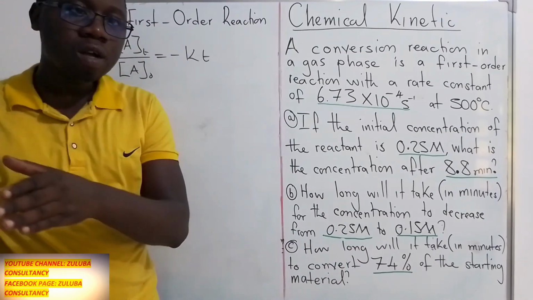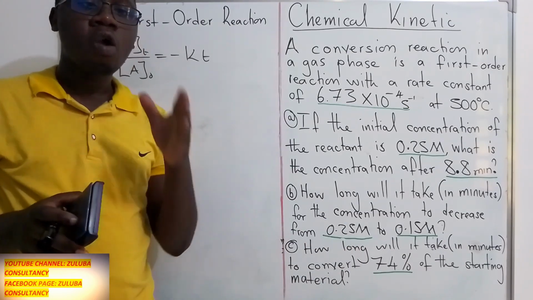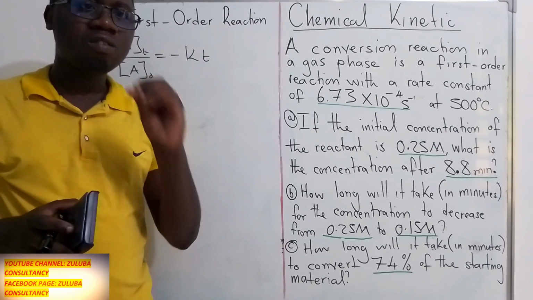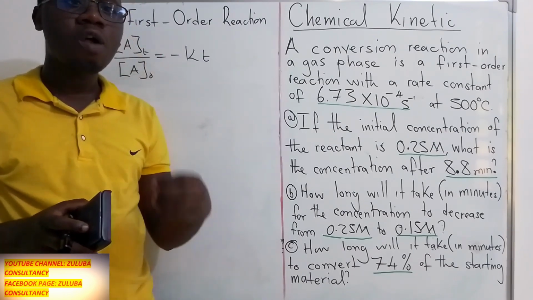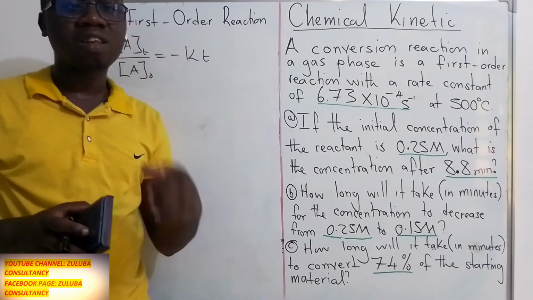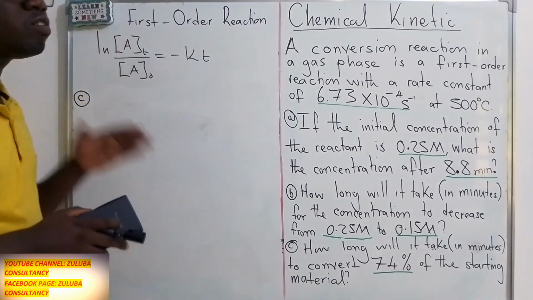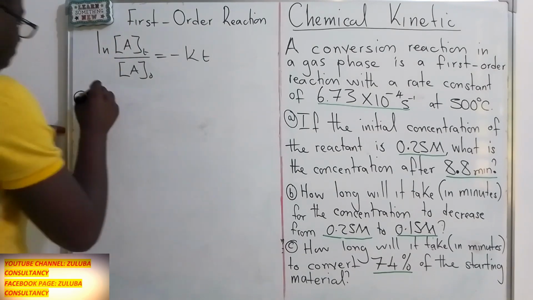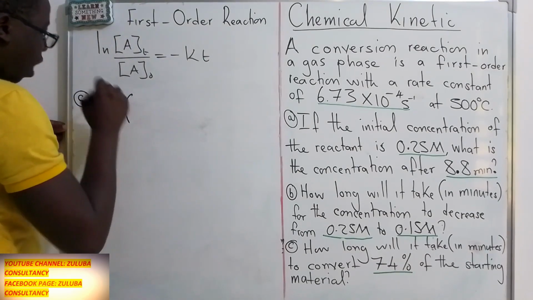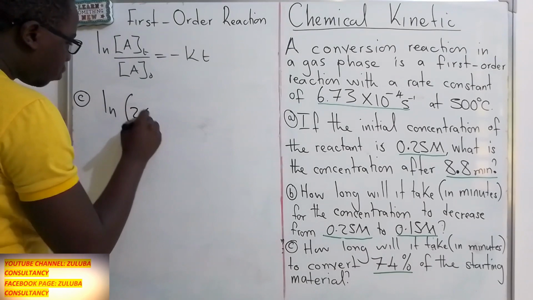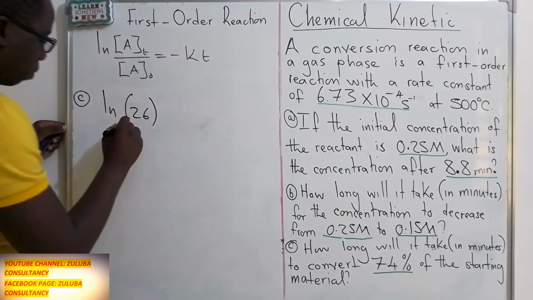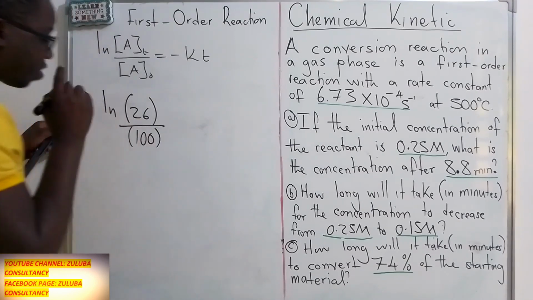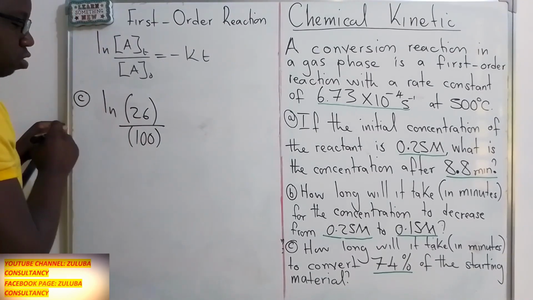When you say 100, you remove 74, you are remaining with 26%. So that is the amount of the reactant that has remained, and that is the concentration at time t. So when you come to natural log, you will say at time t, 26% is remaining. Now this is out of the 100% that we started with when the reaction was starting.